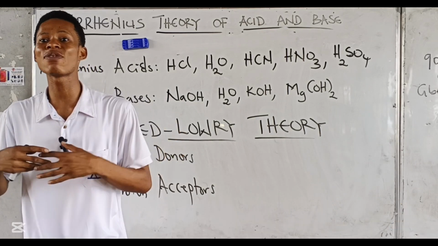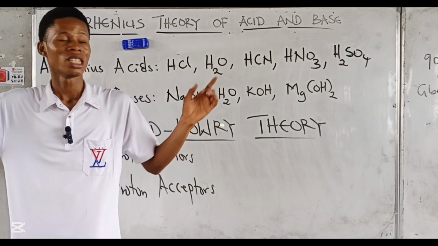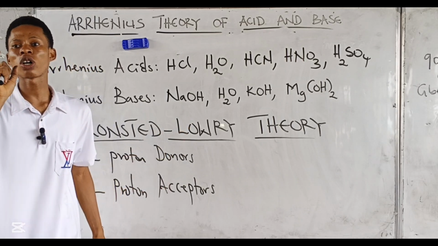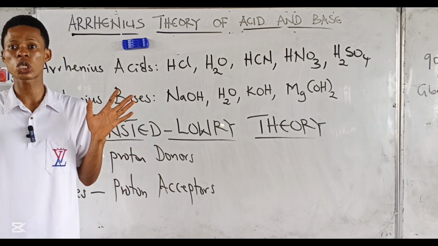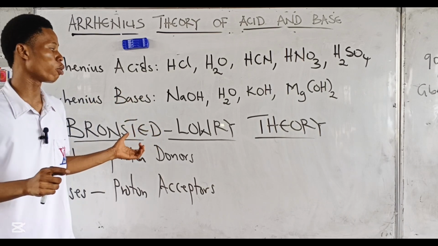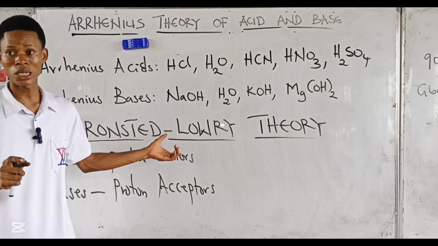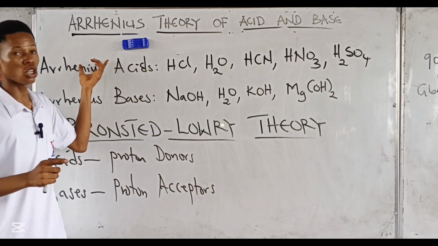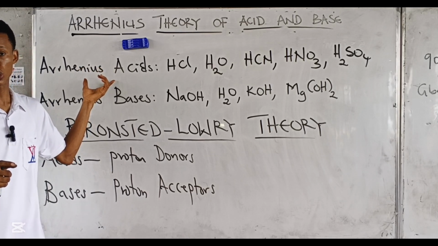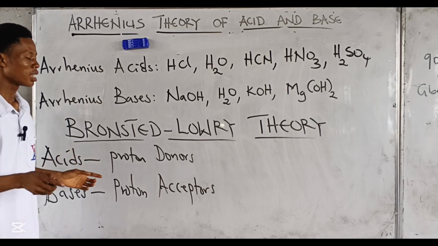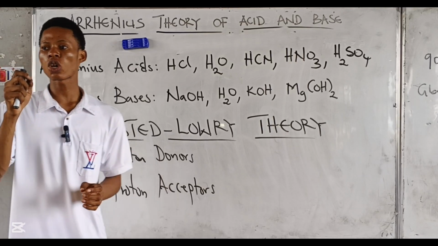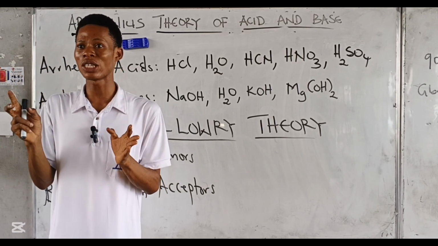Hydrogen ion, can give out hydrogen ion. Yeah, water is not a necessary condition. Dissolution in water is not the necessary condition to identify Bronsted-Lowry acids. But in Arrhenius, water must be present, right? Aqueous substance. Good.